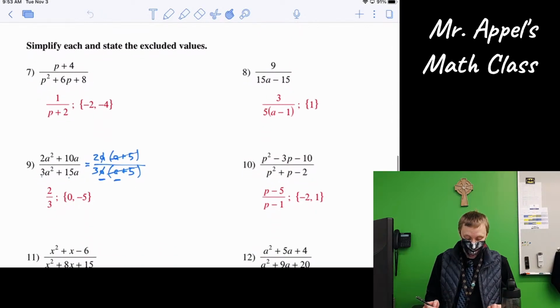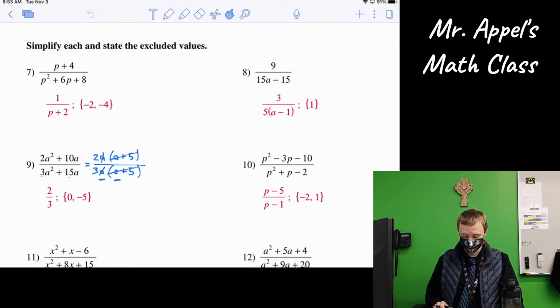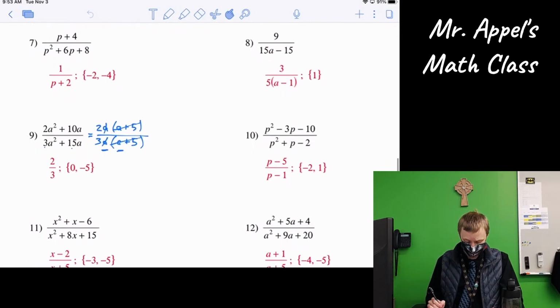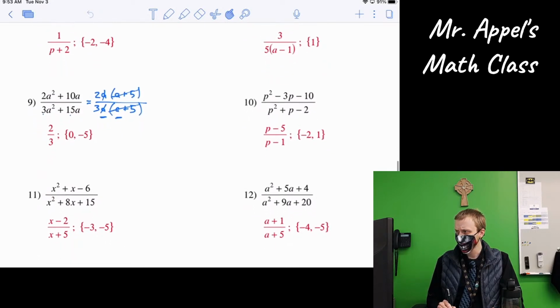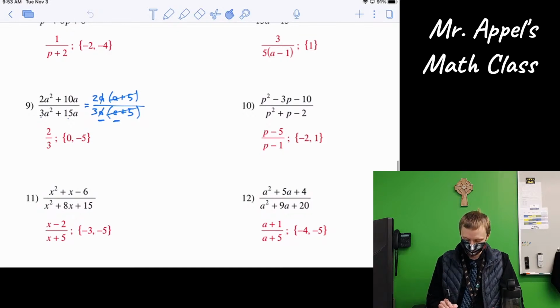And then from 7 on, you had to also simplify the expression as well as solve the denominator for zeros. So stop me at any point. I'm just going to scroll through slowly.